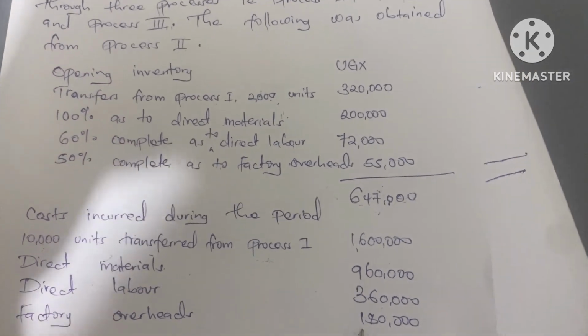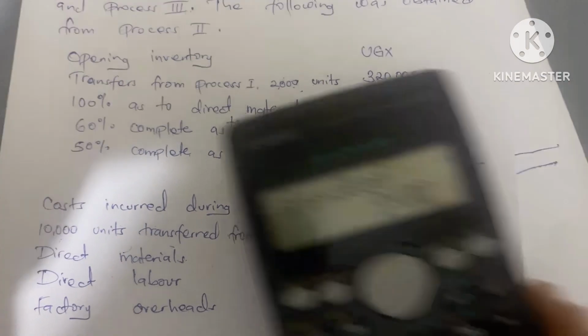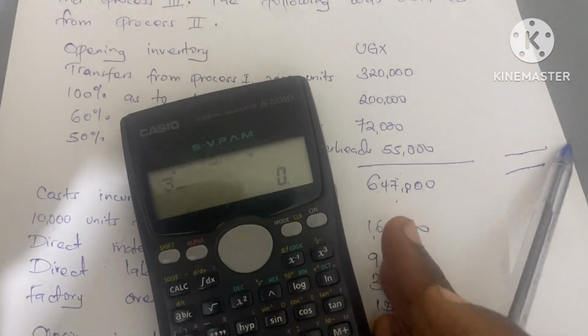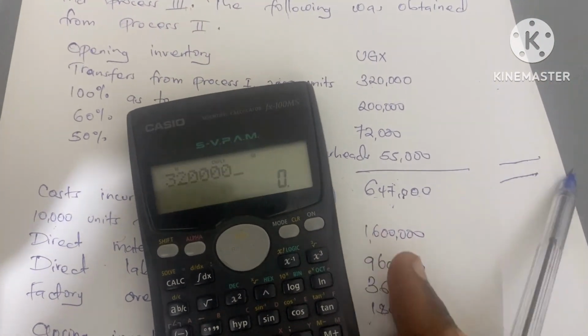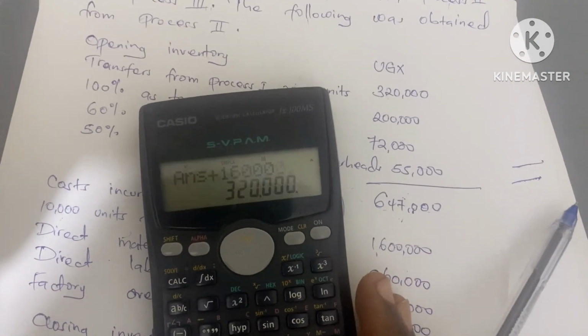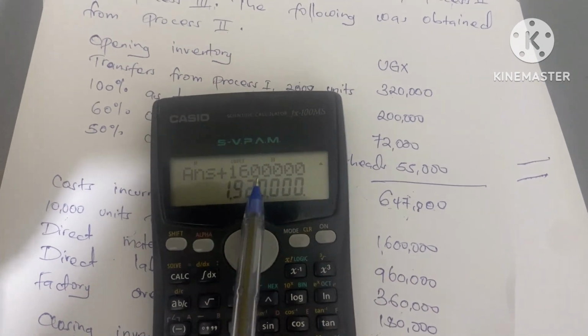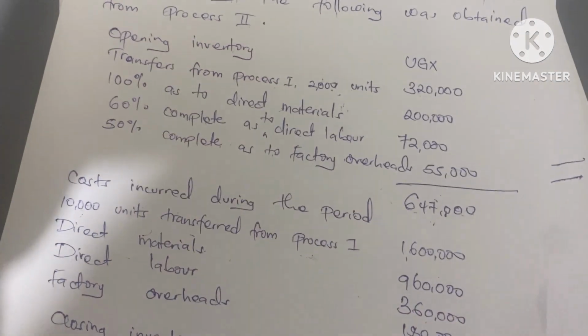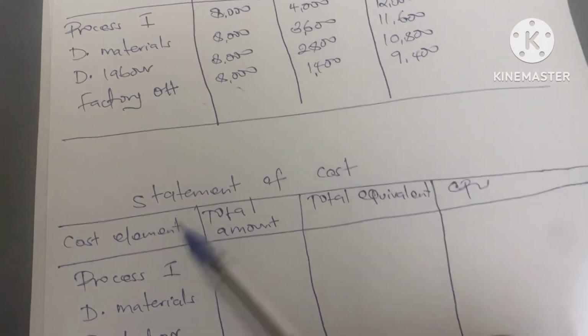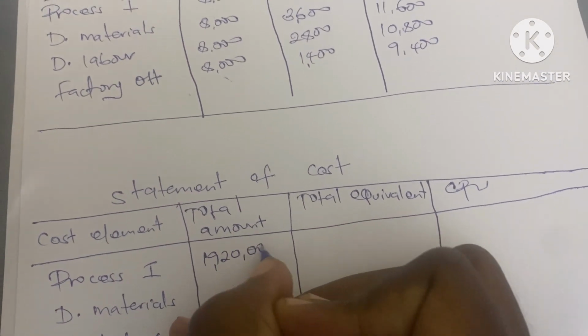So for process 1, we add this plus this. So it will be 320 plus 16, like that. So that will be the total amount for here. So it will be 1920, like that.